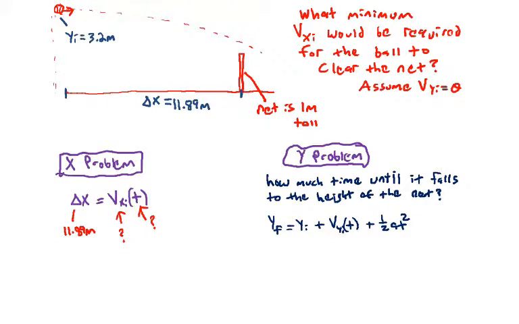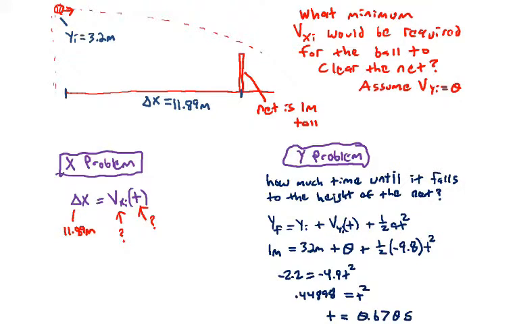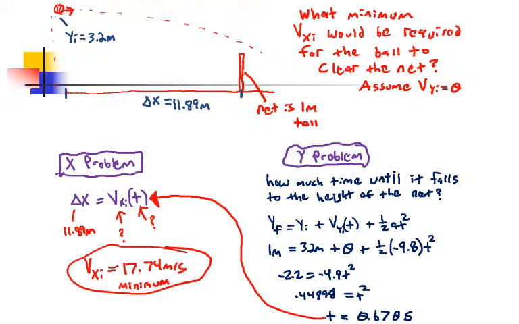Our initial y position, we know is 3.2. The final y position, it's a 1 meter tall net. So it's only going to have 0.67 seconds to clear the net. When we place that in there, we can determine that the absolute minimum velocity to clear the net, or really to get right there, would be 17.74 meters per second minimum. Anything more than that will clear the net.